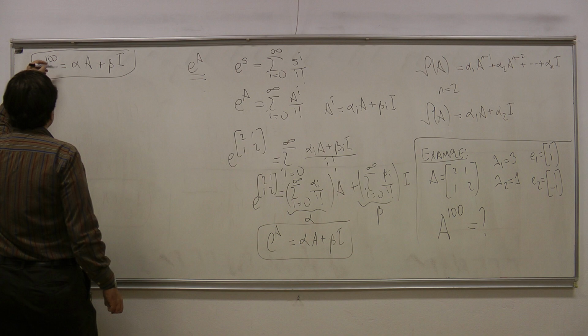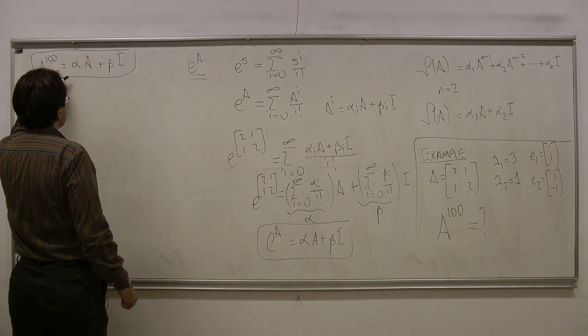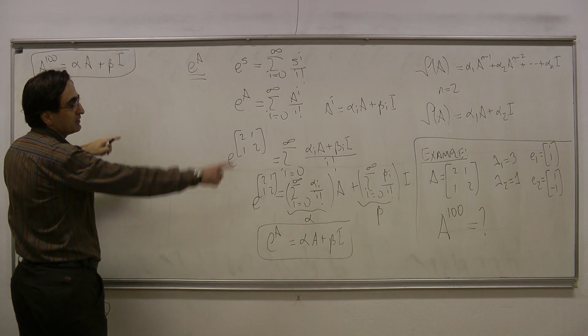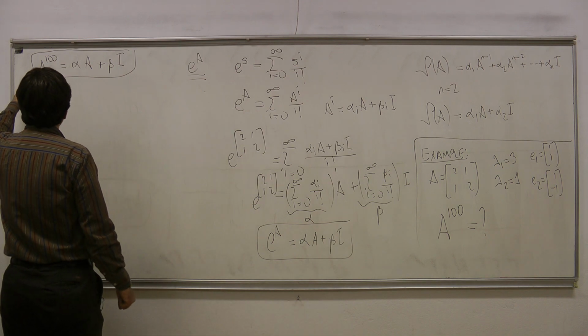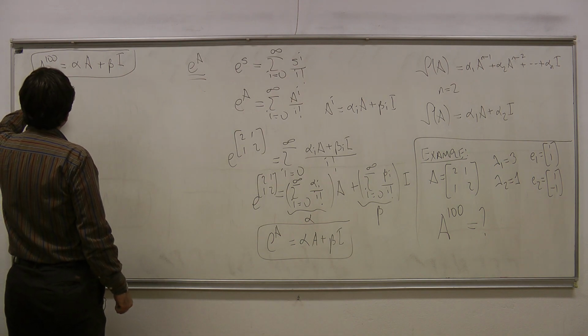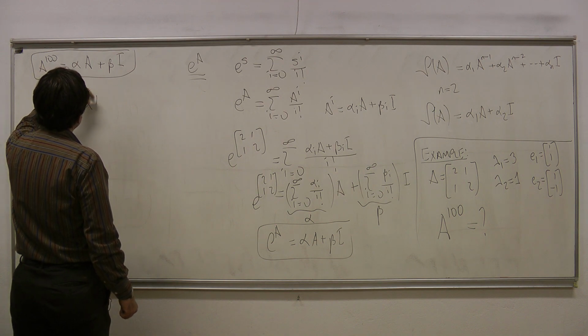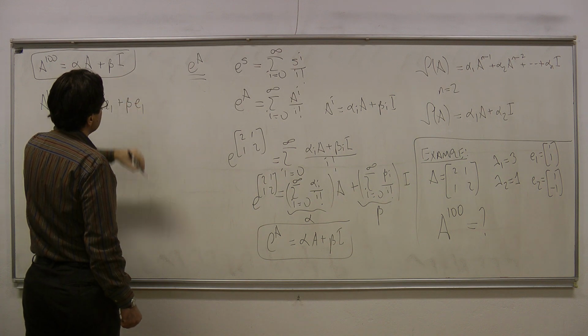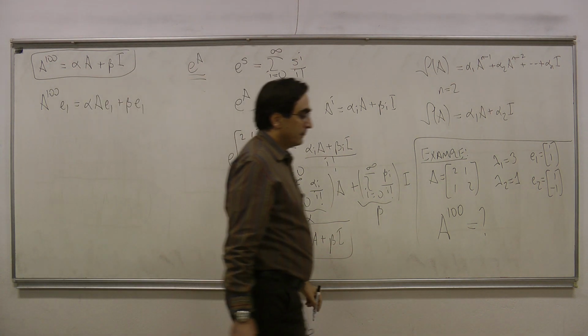So this is a matrix equation, so I can multiply both sides of this equation with the eigenvector. Okay? A to the 100 E1 is equal to alpha A E1 plus beta, identity times E1, which is E1 itself. Okay?